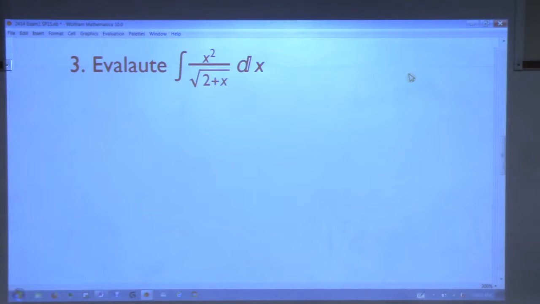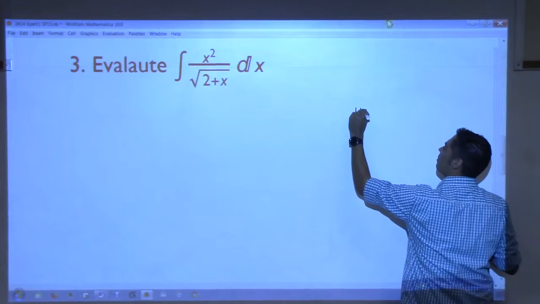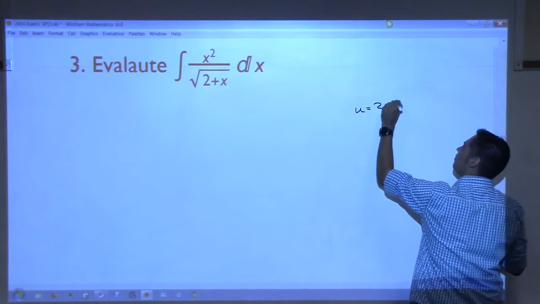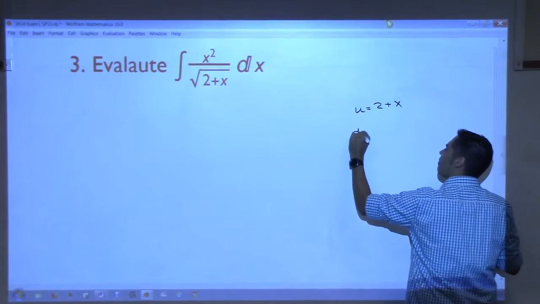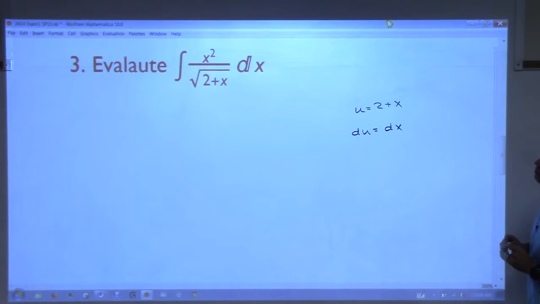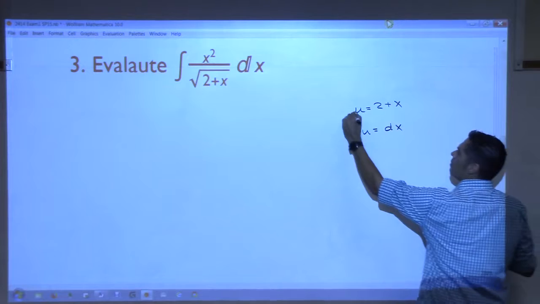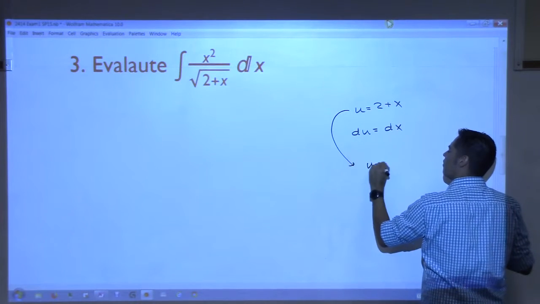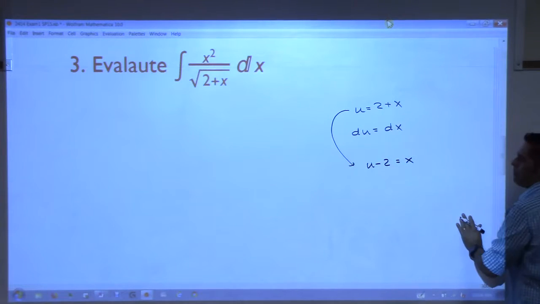I'm going to write. Okay, say u is 2 plus x. Okay, u is 2 plus x. The derivative of that would be 1. Set x equal to u minus 2. So, this is correct. Keep going.